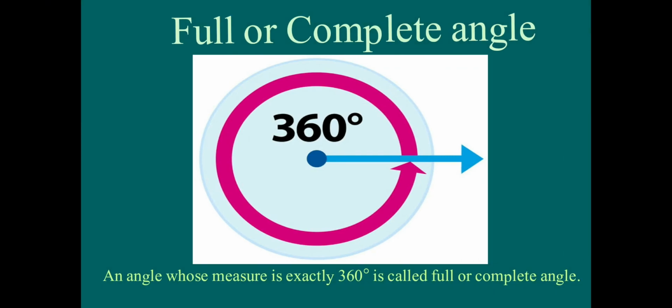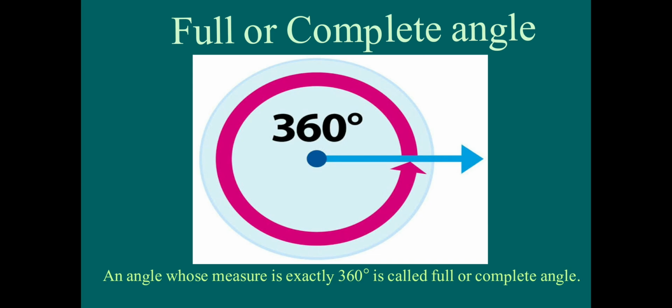Now students, see here. The ray in the figure completes one round and comes back to its original position as shown in the figure. It turned through 180 degree till it made a straight angle, and 180 degree after making the straight angle, thus completing 360 degree in all.